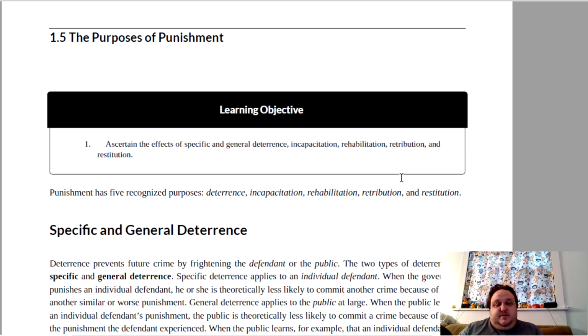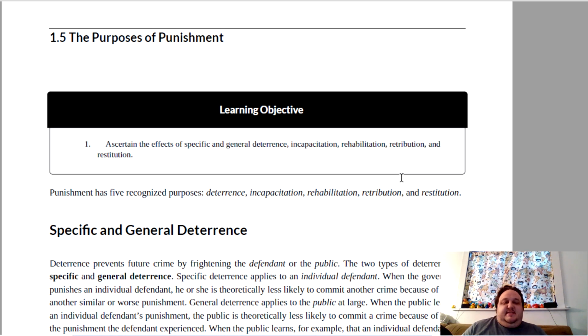So the chapter goes into the purposes of punishment, and we spend some time in Intro to Criminal Justice on the idea and theory behind how we operate a justice system. When you get to the end, is it punishment?